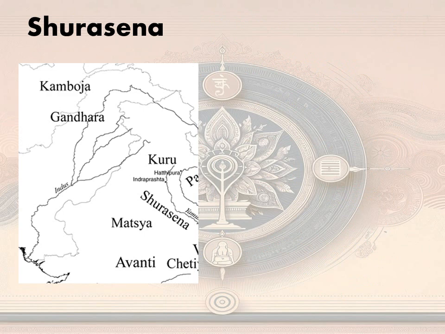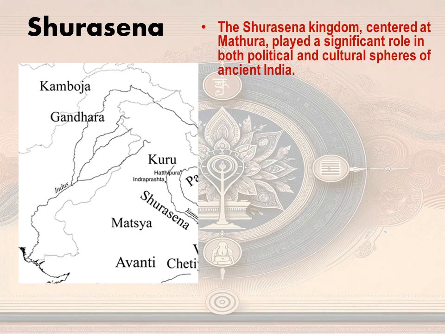Surya Sena. Surya Sena was another important territory, positioned just below Kuru, on the southern part of the Kuru kingdom. The Surya Sena kingdom, centered at Mathura, played a significant role in both political and cultural spheres of ancient India.